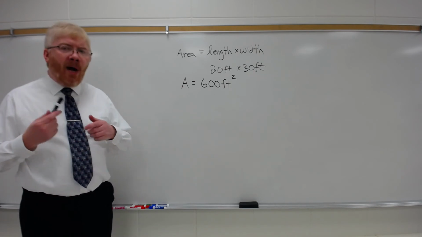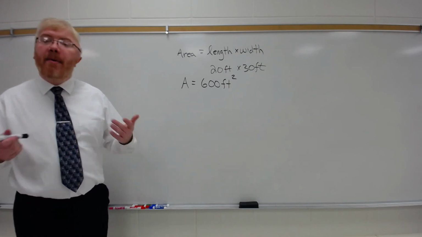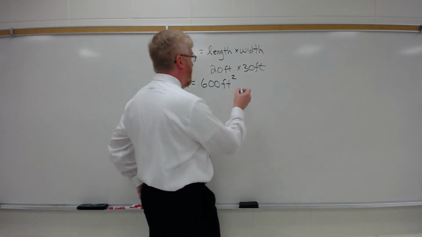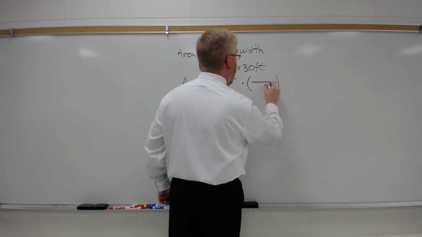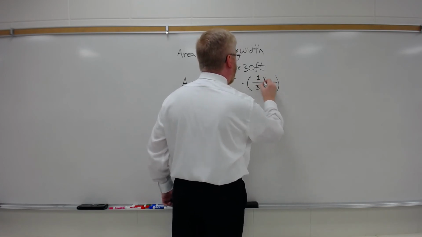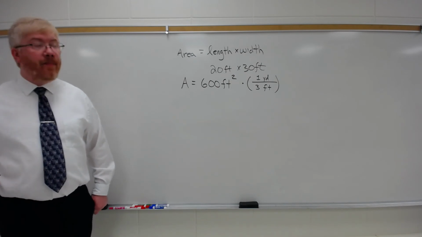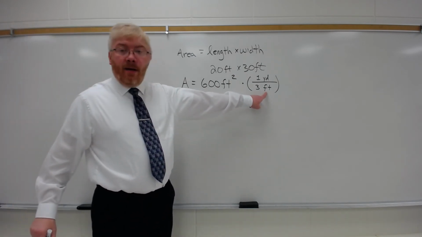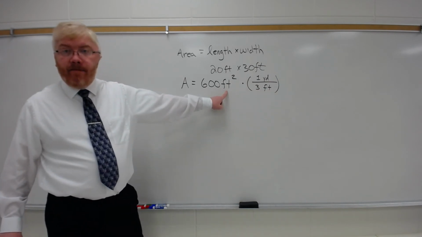Well, that's problematic because you have feet here. But fortunately, remember how many feet are in a yard. So you multiply this, you want to get rid of feet, so you put that in the denominator, and there's 3 feet in 1 yard. Problem. This only gets rid of 1 of these feet.